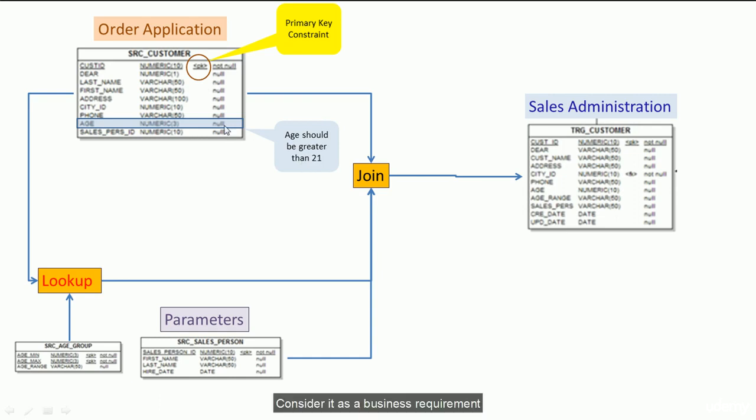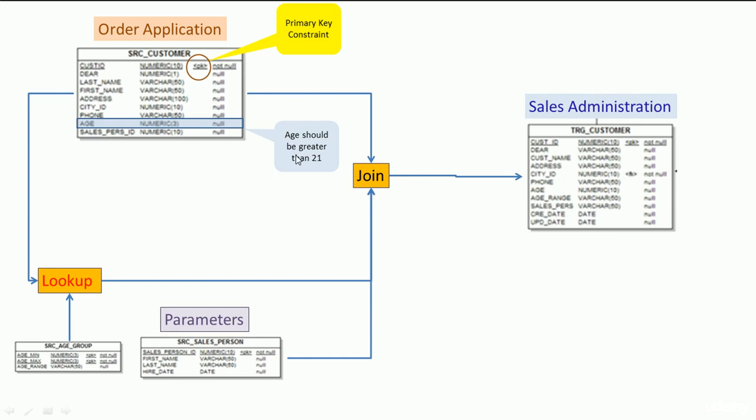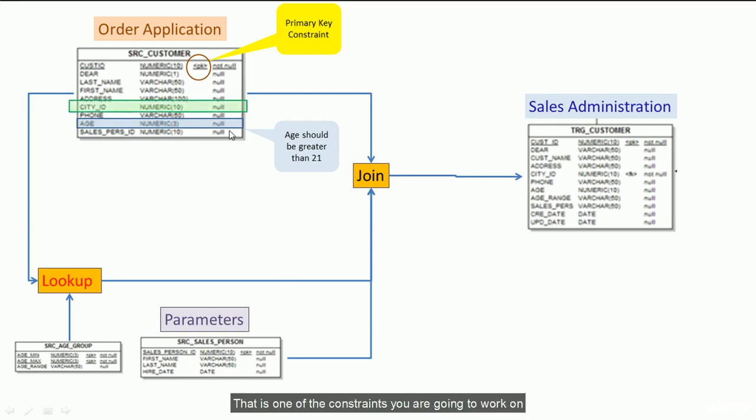Consider it as a business requirement. Consider that the users of the sales administration data warehouse do not want to see customers of age 21 or younger. That means the data of any customer less than 21 years of age should not be brought into the TRG_customer table. That is one of the constraints you are going to work on.